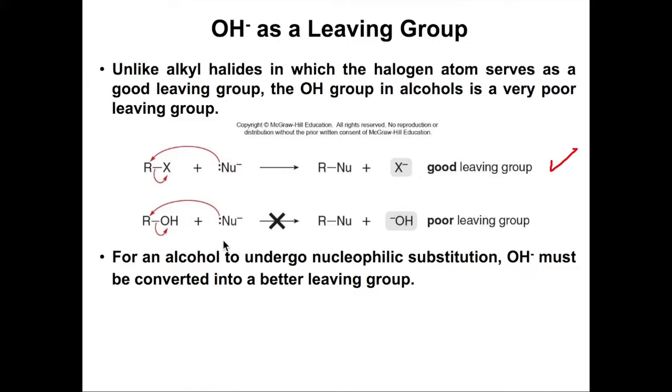But if the nucleophile comes and attacks, then OH minus is not a good leaving group because it will simply come back and attack again, right? So that's not a good leaving group. So in order for these reactions to go whenever we have alcohols, we must convert the OH minus into a good leaving group. And in this chapter, we're going to see different ways of converting OH into a good leaving group.